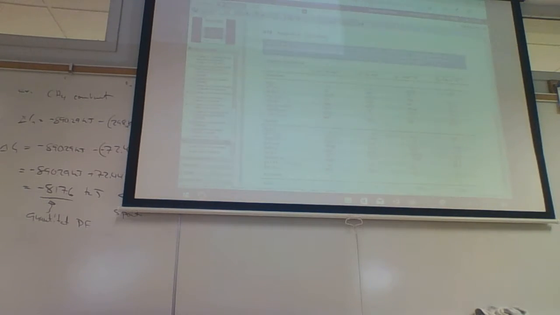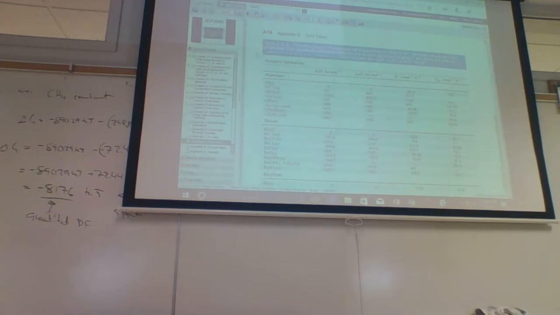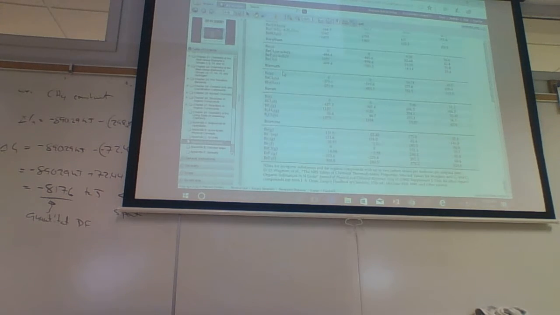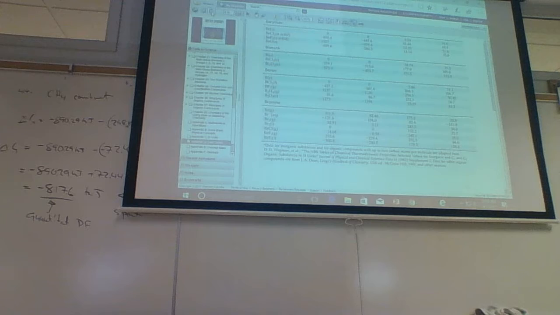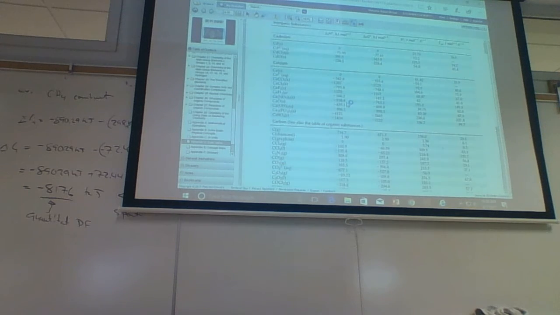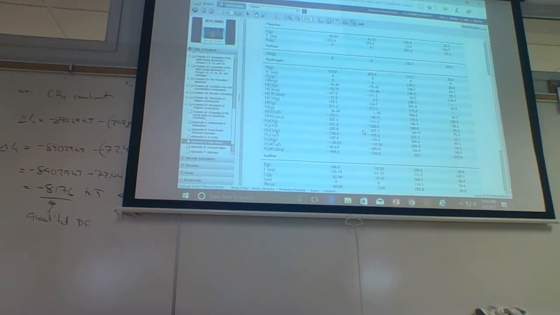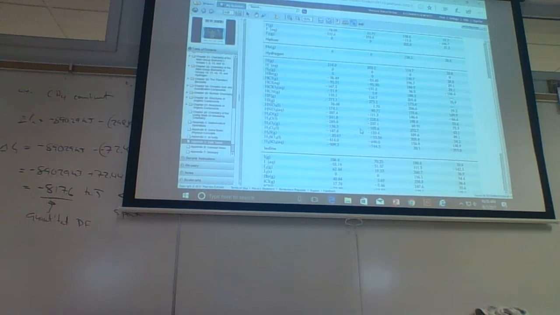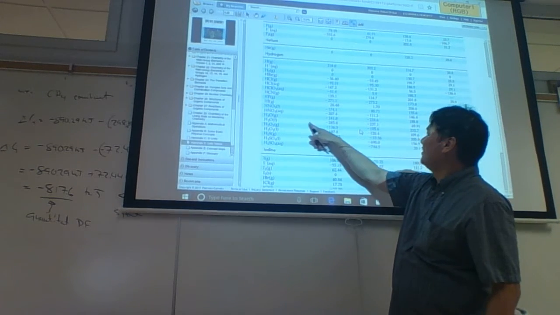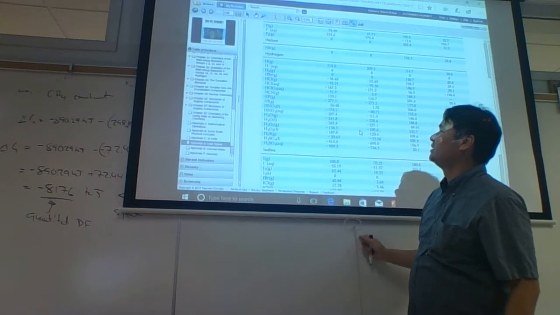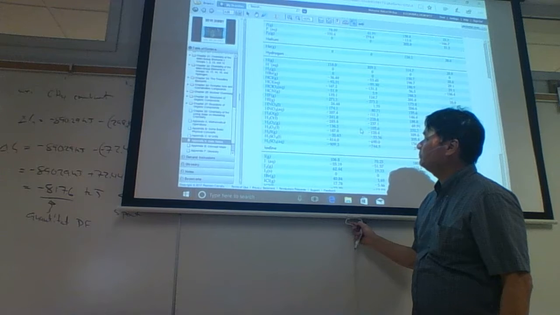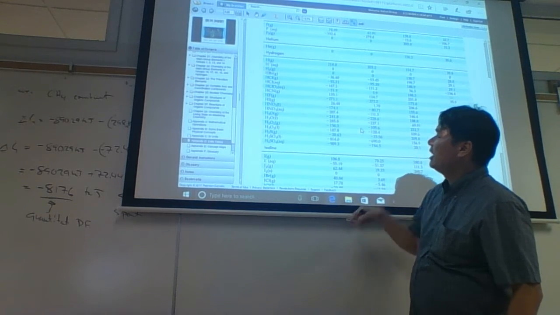And so we want the appendix D. It's hard to read here, but H2O liquid is minus 285.8.